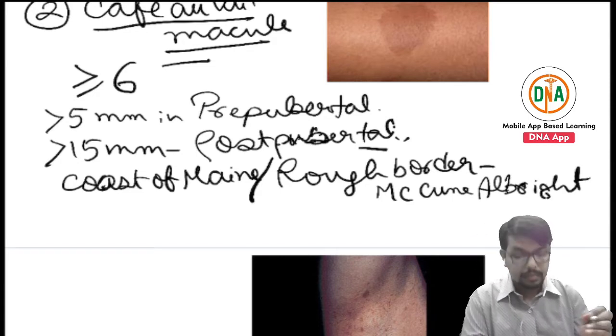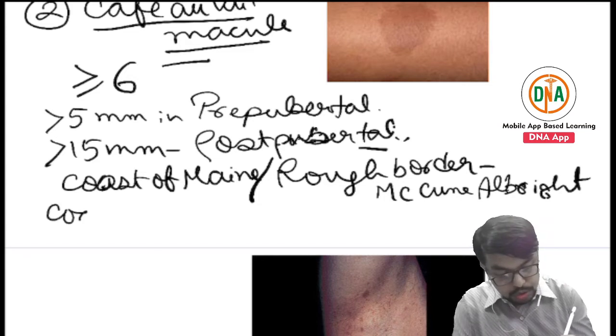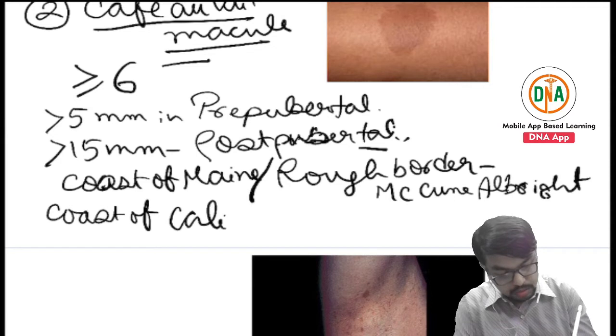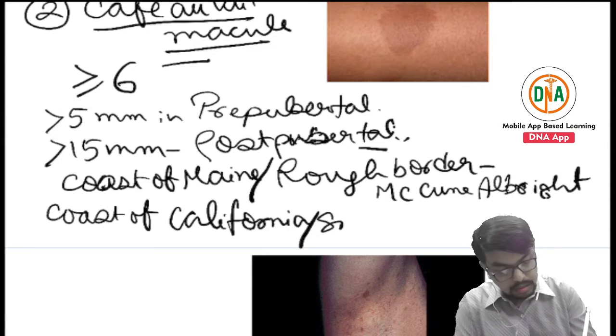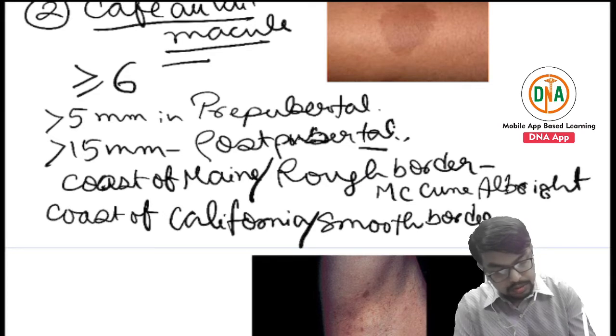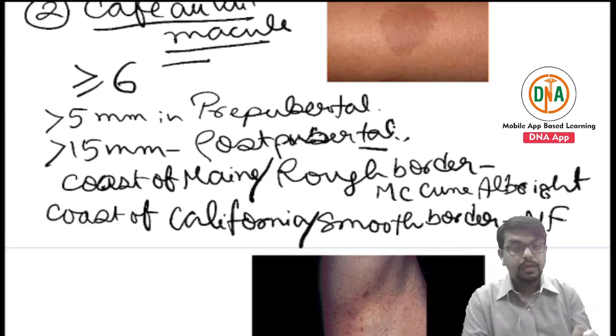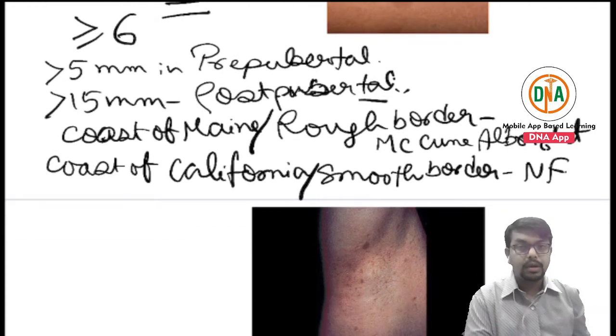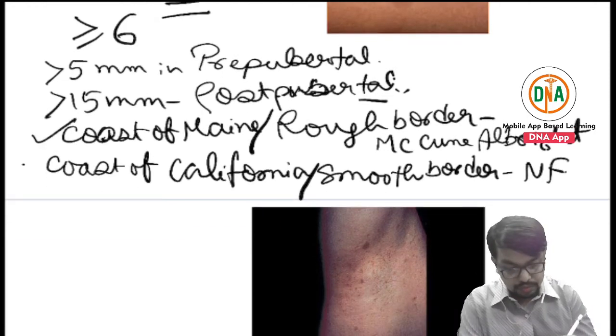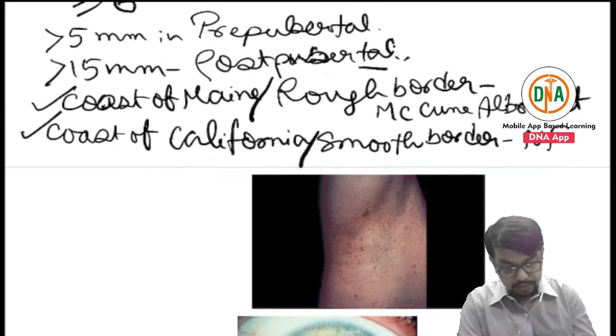Another is coast of California, that is the smooth border. This is the feature of cafe au lait macule of neurofibromatosis. Remember these two: coast of Maine, coast of California.